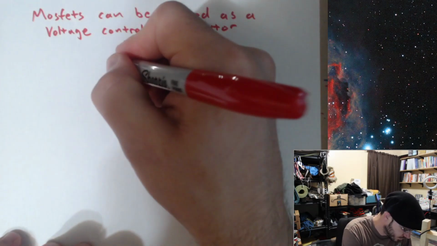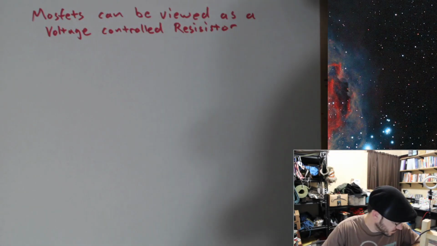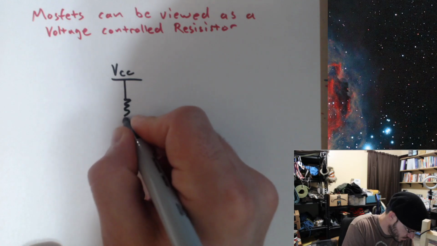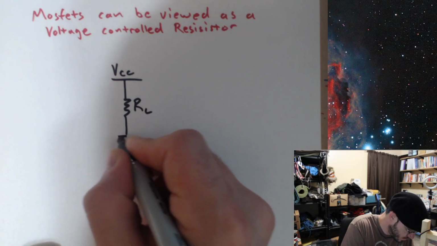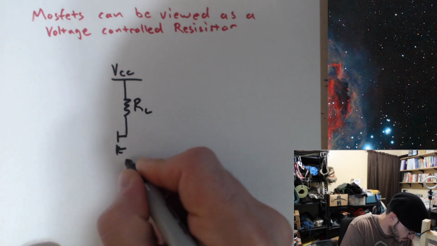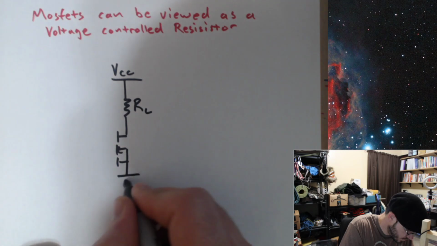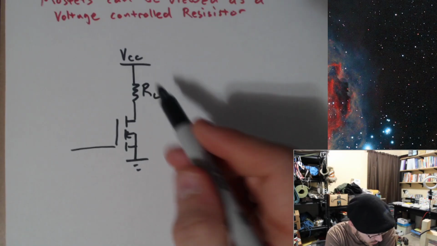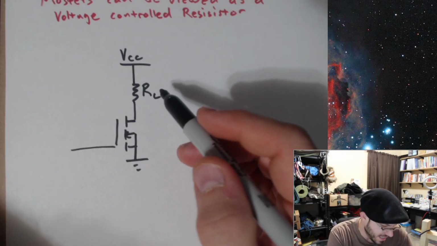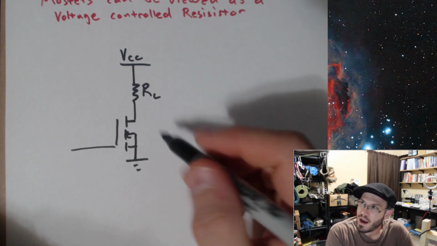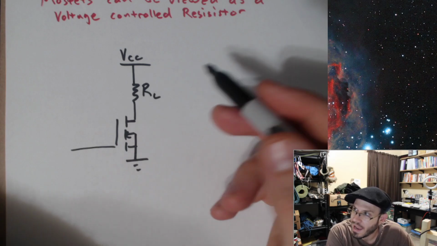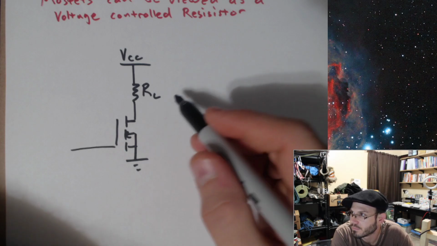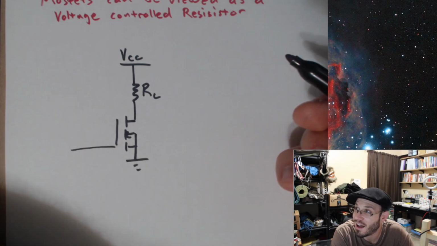Well, generally speaking, you would use an N-channel MOSFET many times like this, where what I want to do is control the current going through a load, whether that load is a motor, or whatever it is, whatever you want to turn on and off.